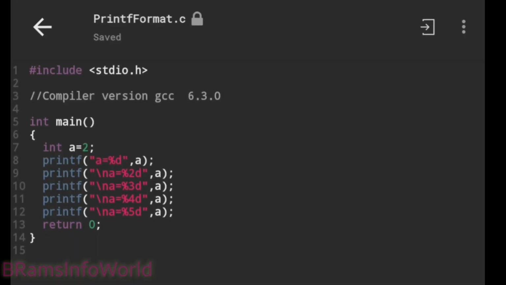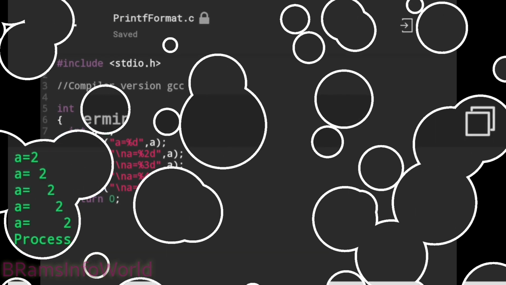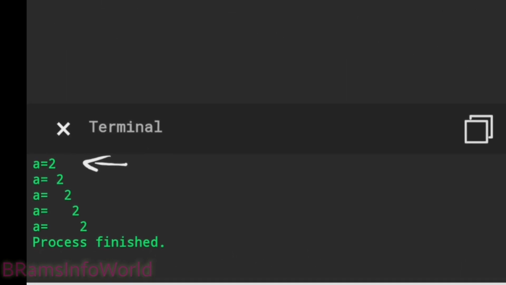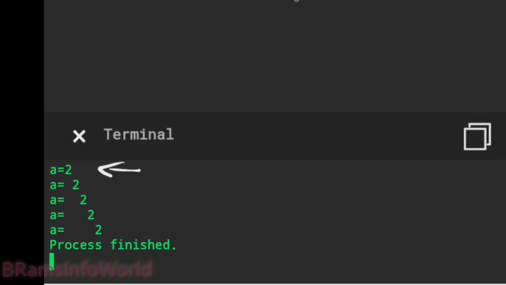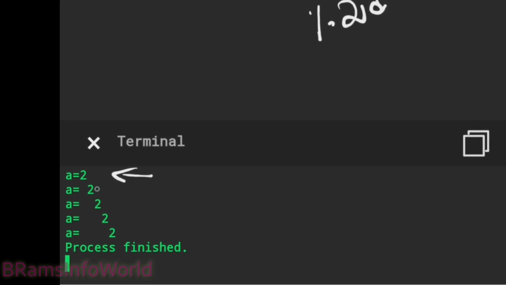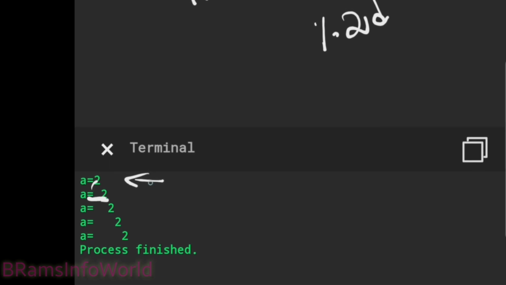Let us observe the output. You can clearly observe that first the a value is printed directly, as 2, since we defined int a as 2. Next is %2d, which means total 2 spaces, 1 gap and the 2.